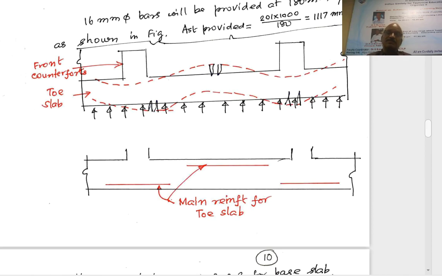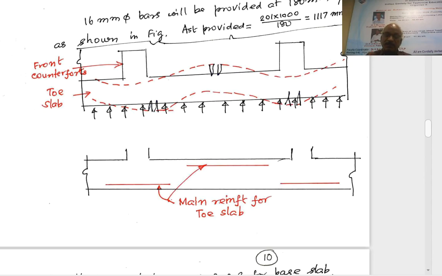Before seeing the cross section, we have to imagine that these bars will appear as circles or dots in the cross section, right? And midway between the counterforts, the dots will be on the top. You can see the drawing. Dots will be on the top. At the section of the counterfort, the dots will be at the bottom.